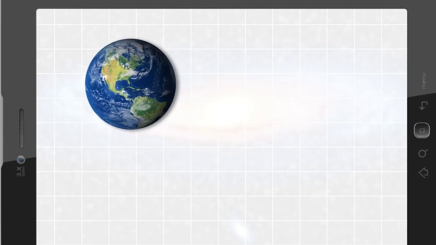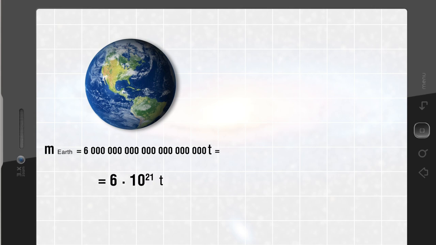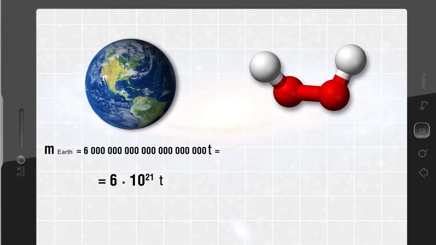The mass of the Earth in standard form is written like this. And the mass of hydrogen is written like this.